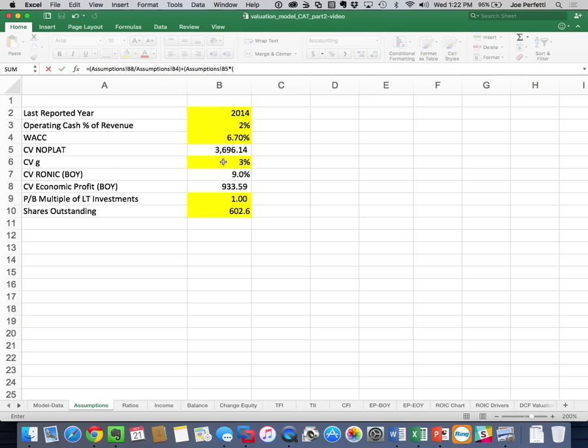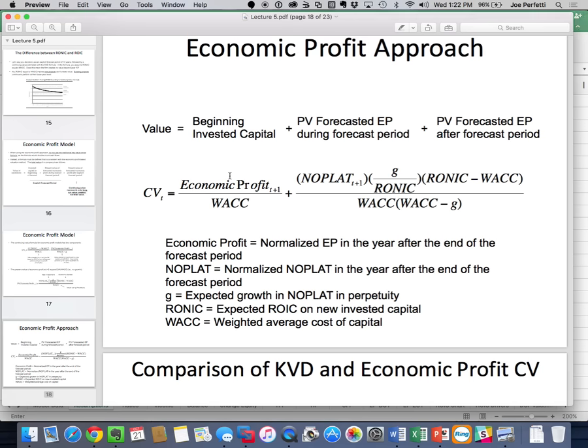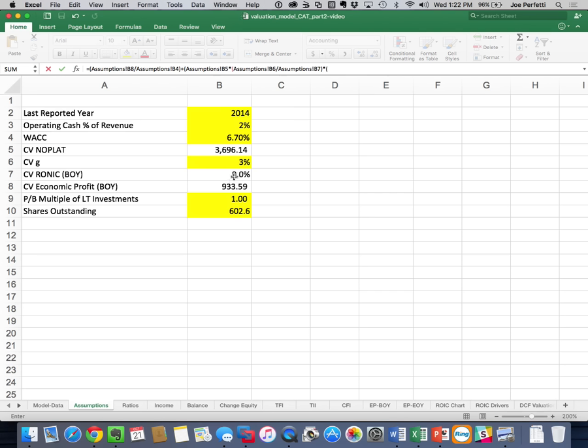So continuing value G divided by continuing value RONIC, right paren, times left paren, RONIC minus WACC. So continuing value RONIC minus continuing value of just the WACC.